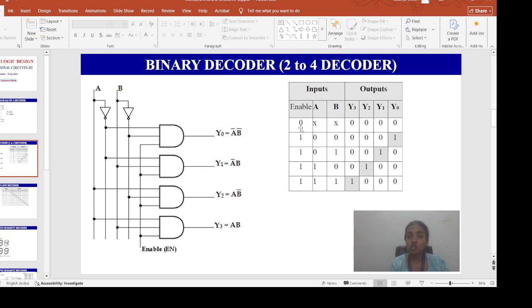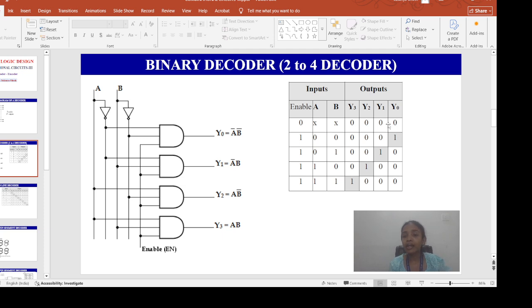When the enable line is 0, the input is don't care. It can be either 0 or 1, and in that case, even if it is 0 or 1, the output will always be 0.